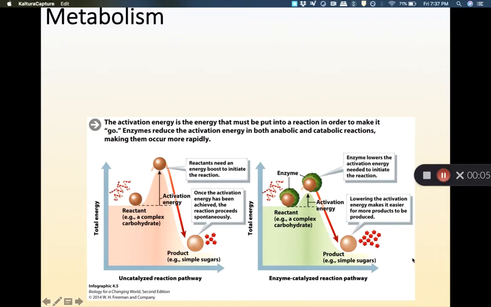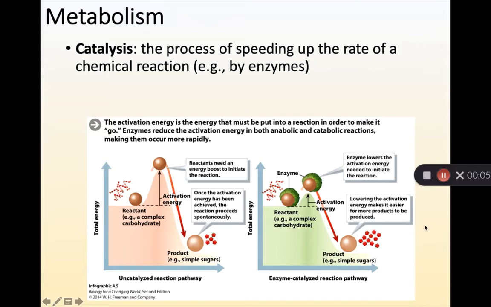So let's think about metabolism graphically and how an enzyme changes the types of reactions that are occurring in the body. So the process of speeding up the rate of a chemical reaction is called catalysis.